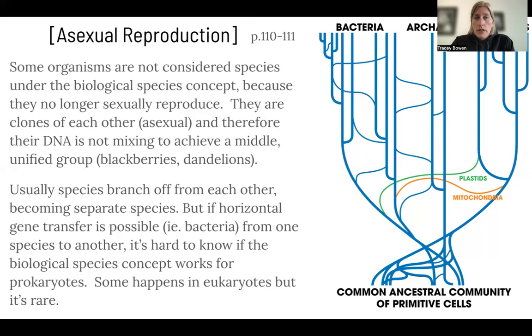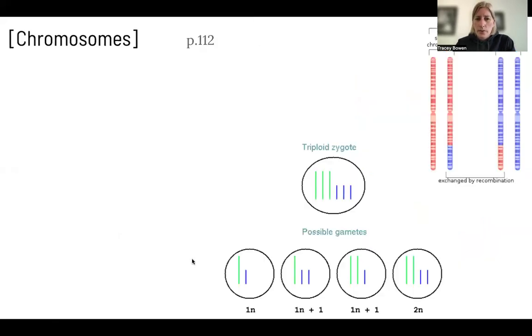Are they sexually reproducing? No. Are they transferring genetics? Yes. So it enters into a bit of a gray zone. This sometimes happens in eukaryotes, but it's very rare.